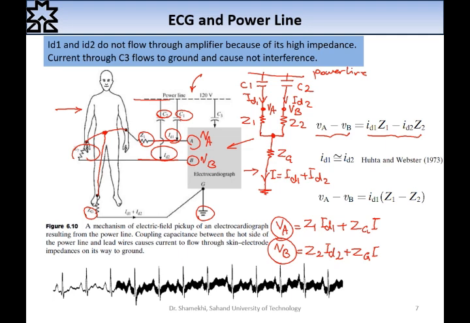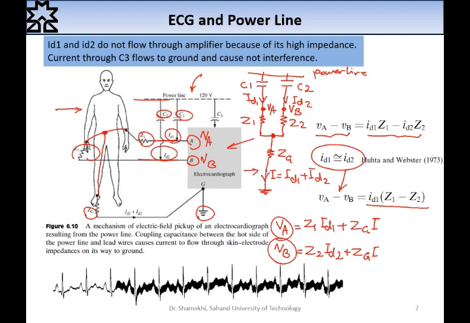And if we assume that ID1 and ID2 are the same, Hunter and Webster have shown this claim. We can assume this equality. Now we can rewrite this difference voltage between VA and VB as this simple term.